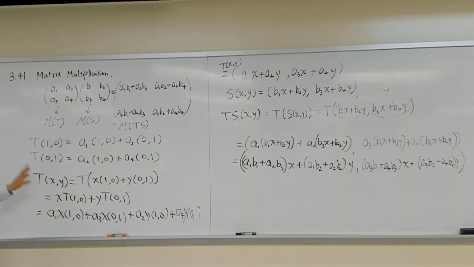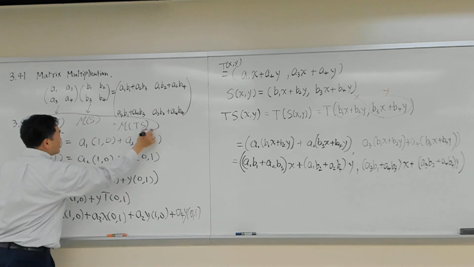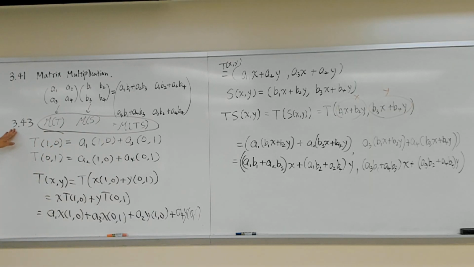The natural outcome of this discussion is, and I'm not going to prove this, that this is going to be true. That's 3.43. 3.43 says that if you have the matrix of T and the matrix of S, you multiply them, and you get the matrix of the composition of the two.